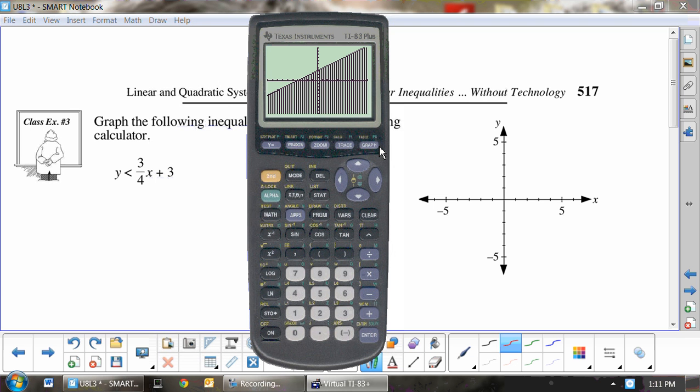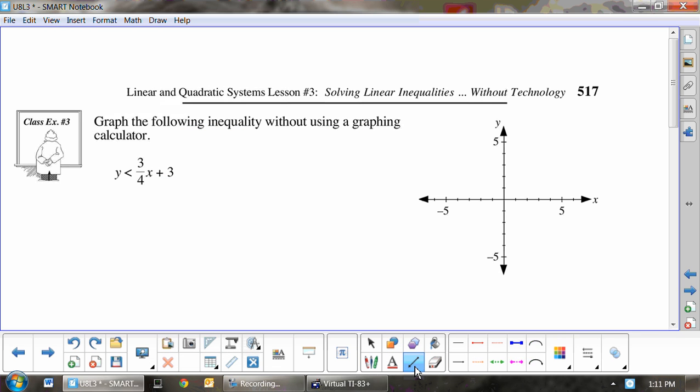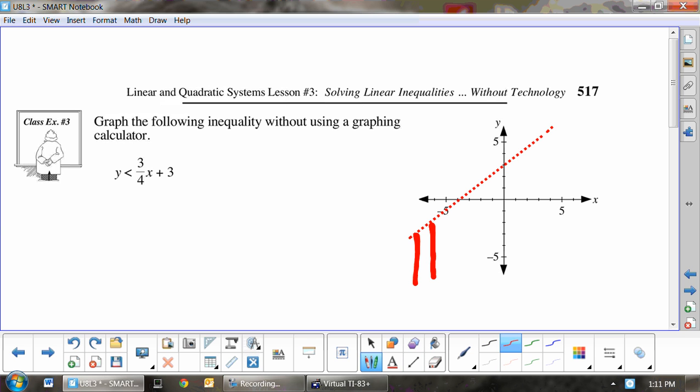Okay, so I have a dotted line because it's not less than or equal to, it's just less than. And we already know that this is our solution area.